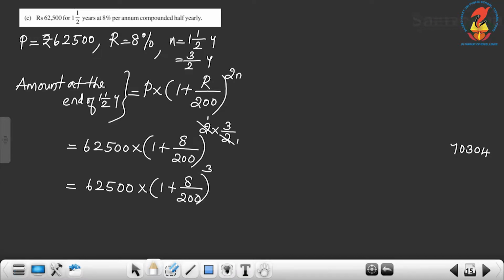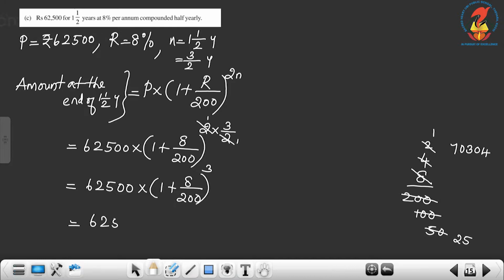Then 8 by 200 you can simplify. What is 8 by 200? With the 2 we can cancel 4 times, then 100, then 2, then it is 50, again with the 2, 1, then 25. So 8 by 200 we can write as 1 by 25.